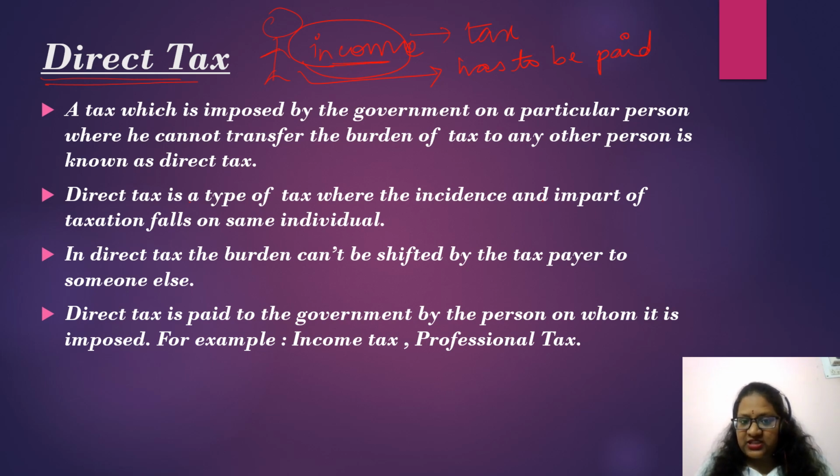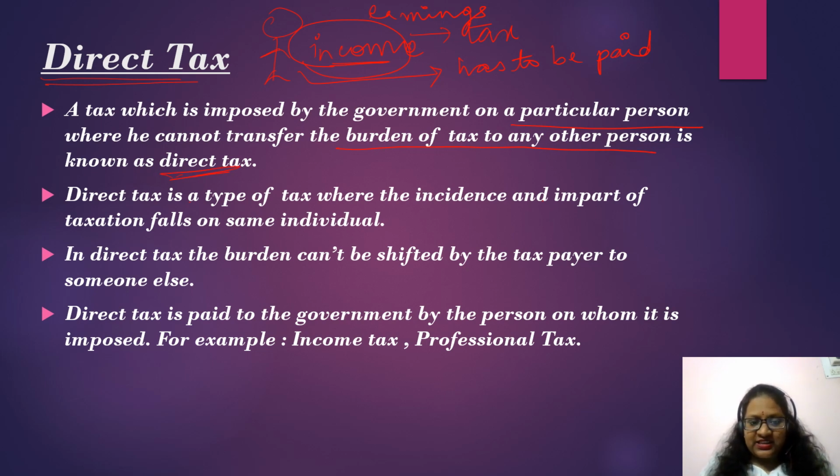He has to pay his own tax whatever it has been levied. So direct tax is usually based on the incomes and the earnings which an individual makes during a financial year. A tax which is imposed by the government on a particular person, where he cannot transfer the burden of the tax to any other person, is known as direct tax.